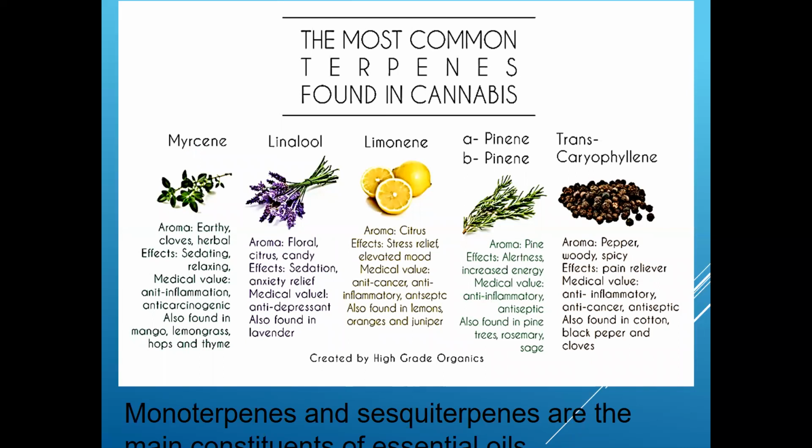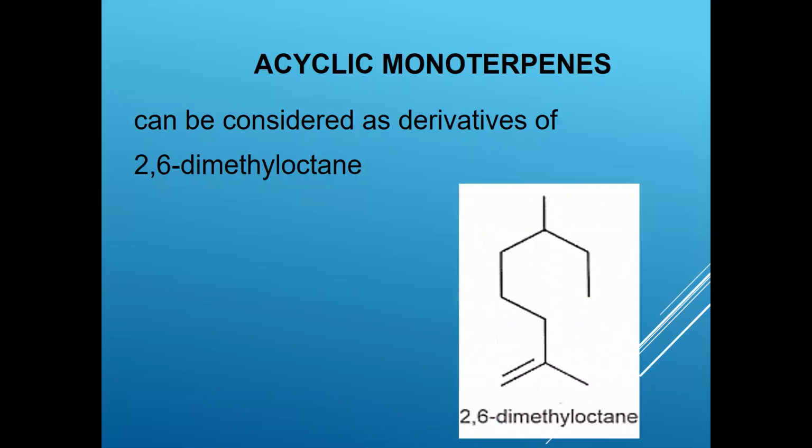You can see sources, effects, and medical value of some monoterpenes and sesquiterpenes. Acyclic monoterpenes can be considered as derivatives of 2,6-dimethyl-octane.